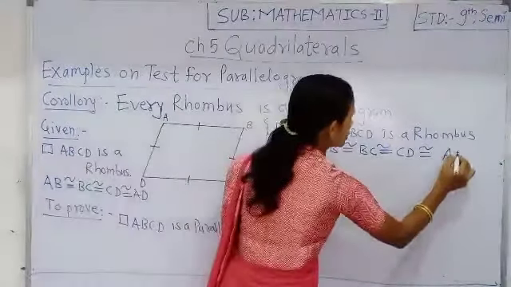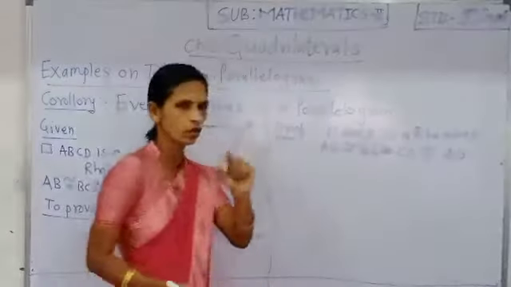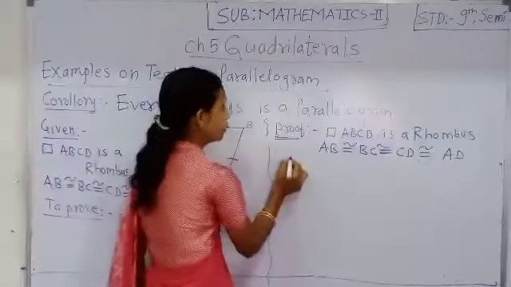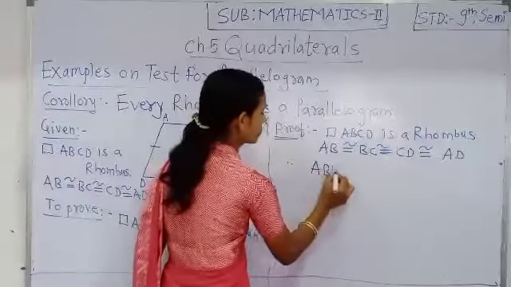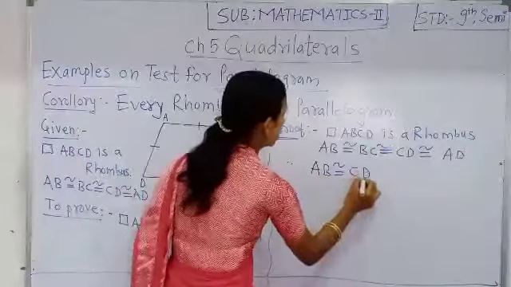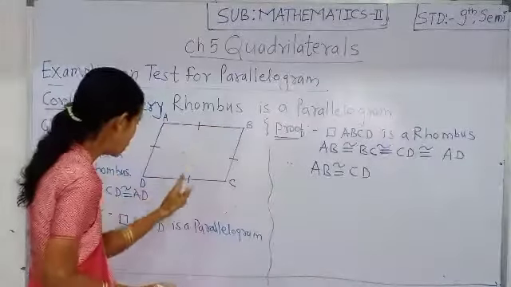That means all sides of a rhombus are congruent, isn't it? Therefore, we can write that AB congruent CD.